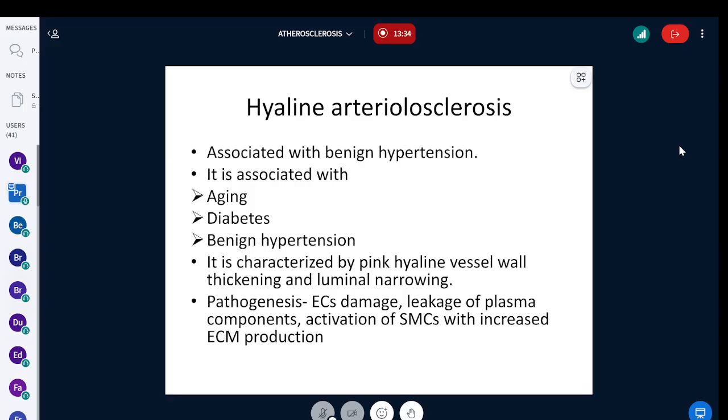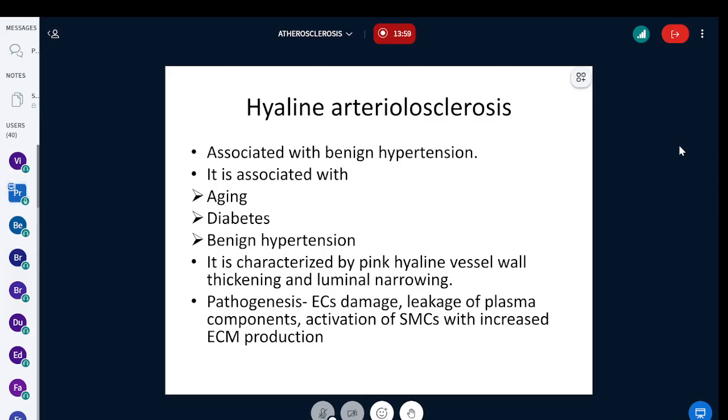So you have damage to endothelial cells, the innermost lining, and then you have leakage of plasma components. Remember, blood is composed of blood cells and plasma. So this plasma leaks now into your media. And when it leaks into the media, it leads to the activation of your smooth muscle cells, and you have increased extracellular matrix production.